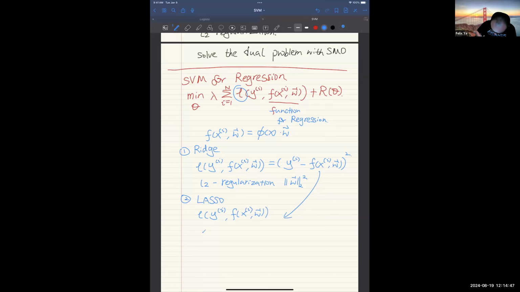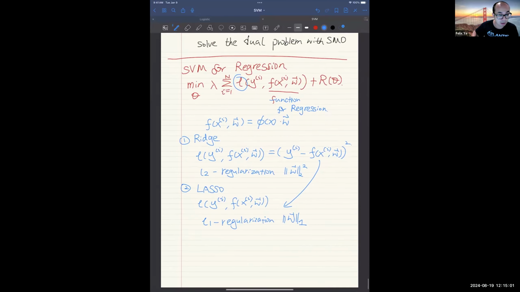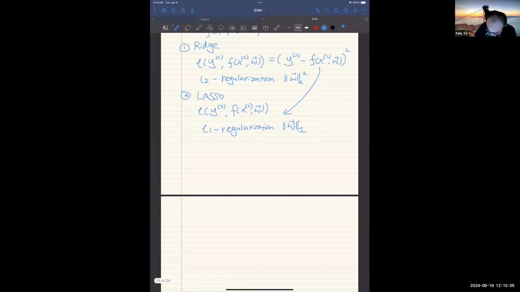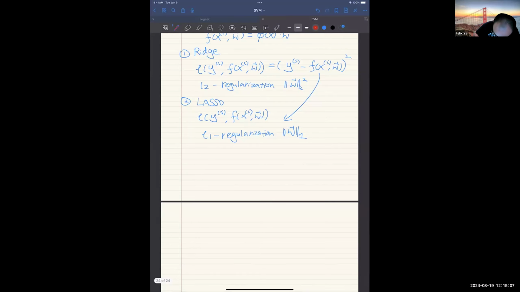It's the same, but instead of using L2 regularization, we use L1 regularization. So that means we're only interested in the 1 norm instead of the 2 norm. But you can change all sorts of different losses if you want.